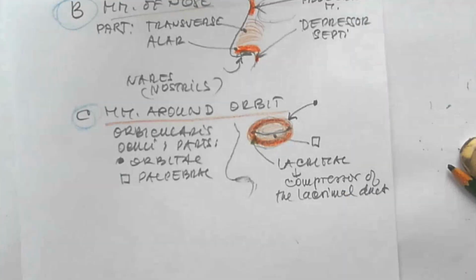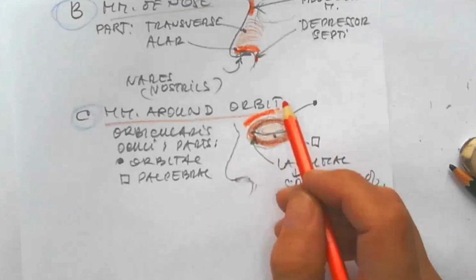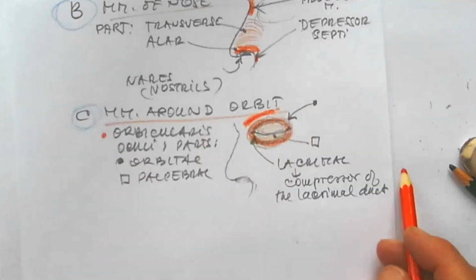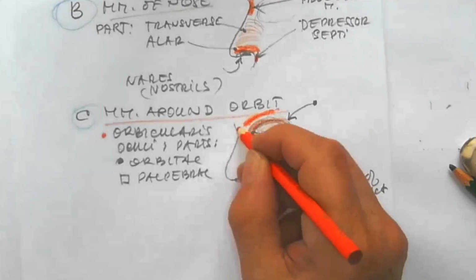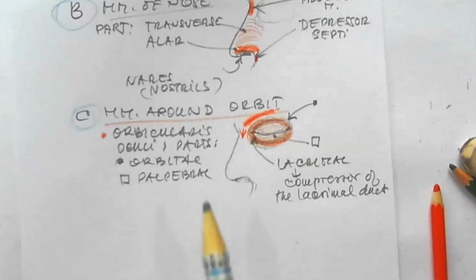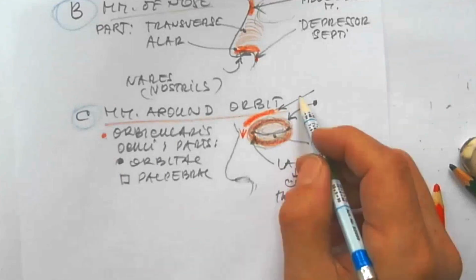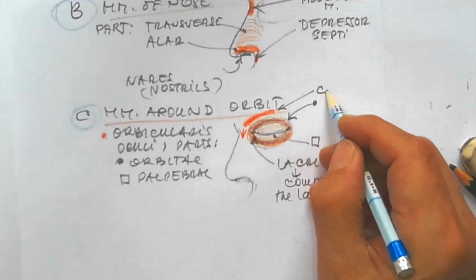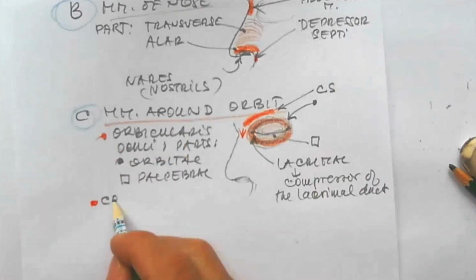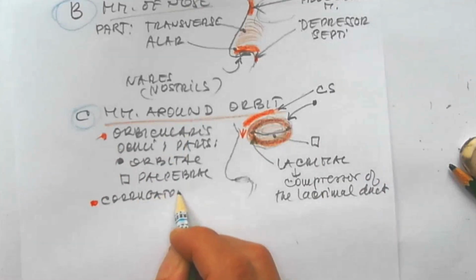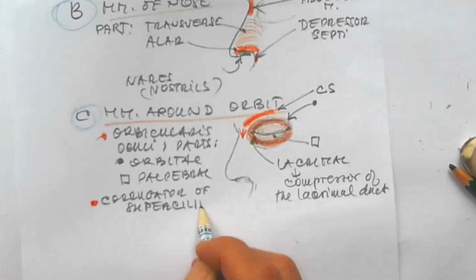That's it. And then there is also a muscle situated at the supercilium. This is the corrugator supercilii. So one is orbicularis oculi, then corrugator supercilii, and also depressor supercilii. Orbicularis would be the first one. This one is the corrugator, CS, the next one: corrugator supercilii, or of the supercilium.